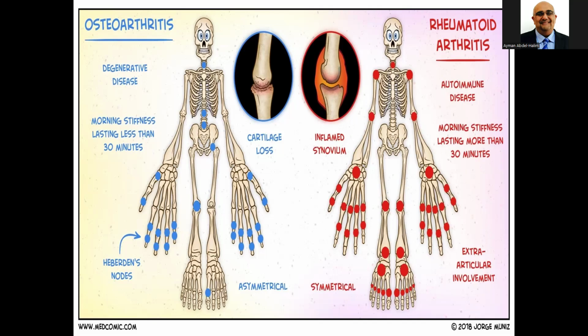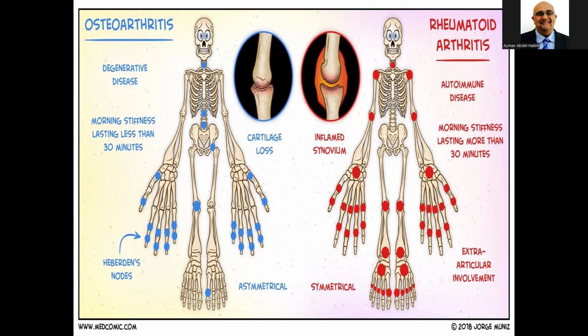Patients with osteoarthritis have morning stiffness less than 30 minutes. They have Heberden's nodes, and the distribution is asymmetrical. It affects the spine, the knees, and the hands. It's characterized by cartilage loss.